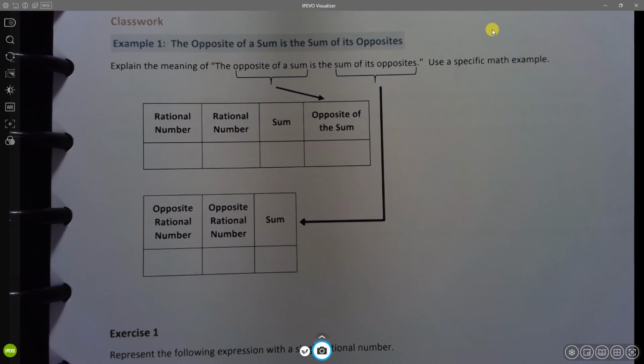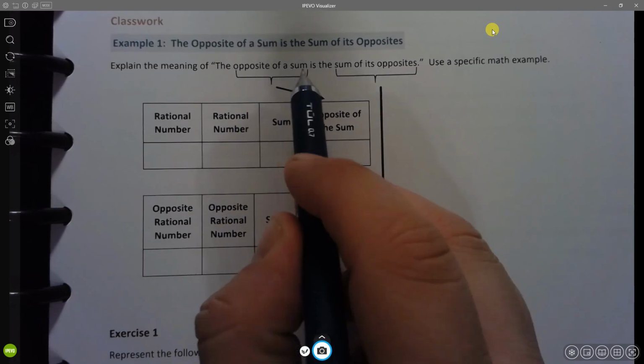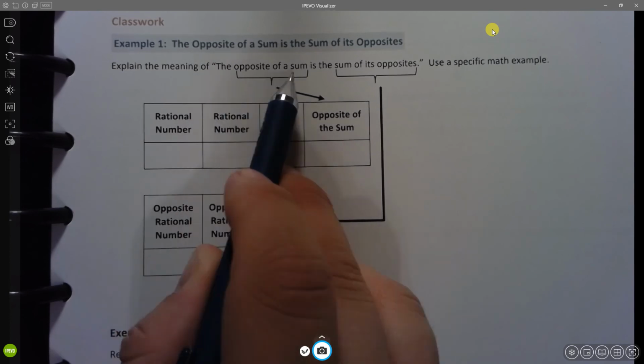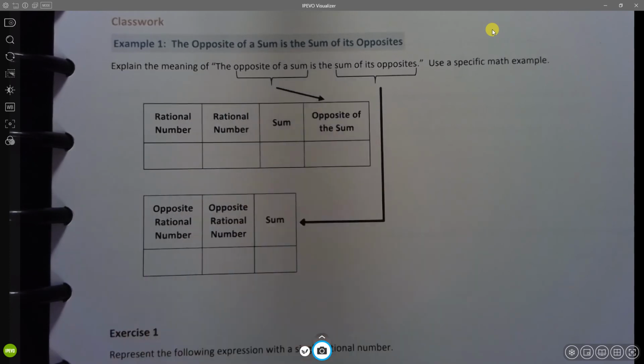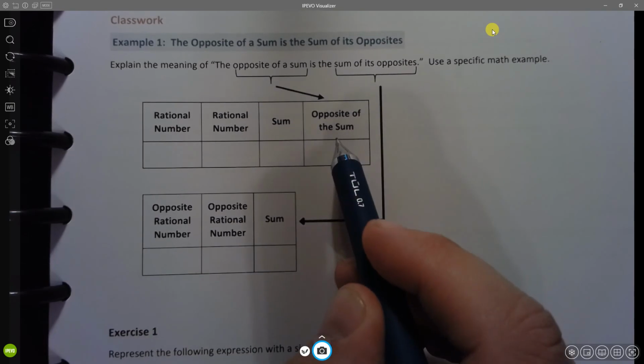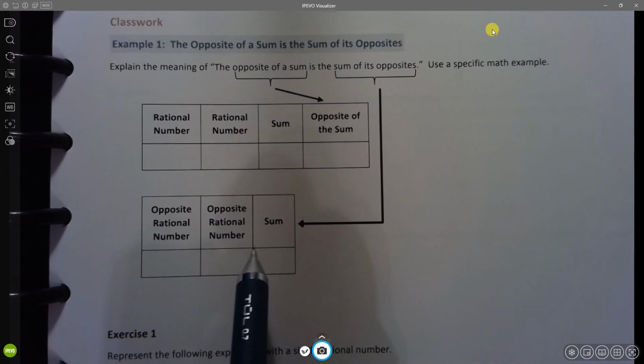So when is the sum of two rational numbers going to give me the opposite of that sum? Okay? So explain the meaning of the opposite of a sum is the sum of its opposites.